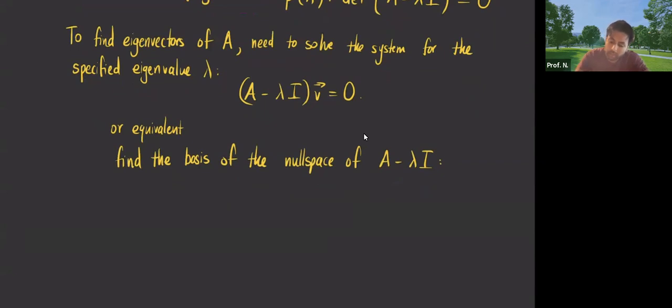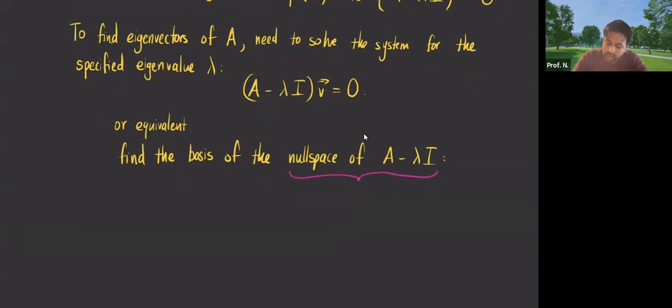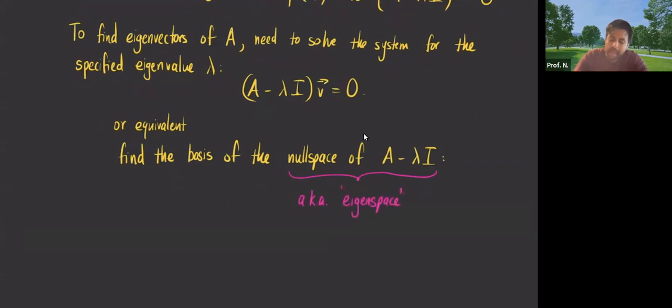The null space of the A minus lambda I matrix is also known as the eigenspace. And the basis of that eigenspace is known as an eigenbasis.